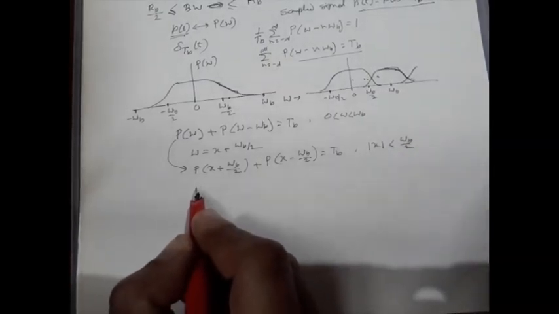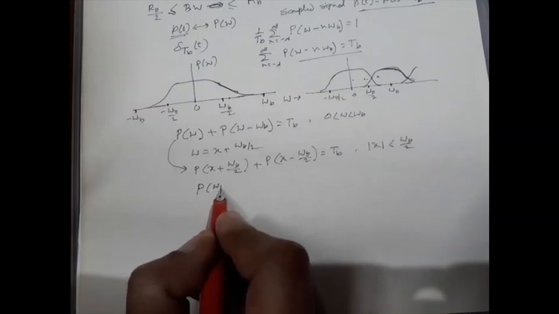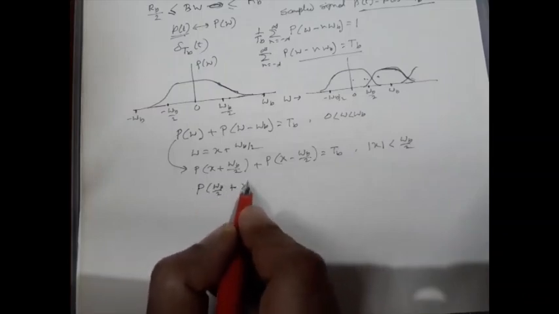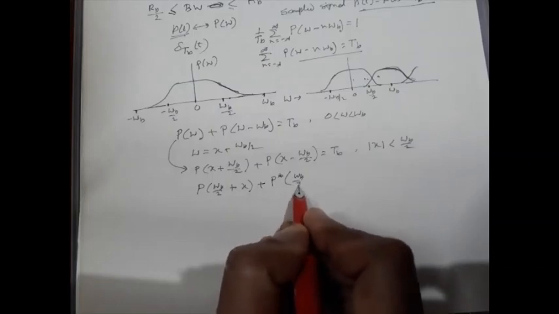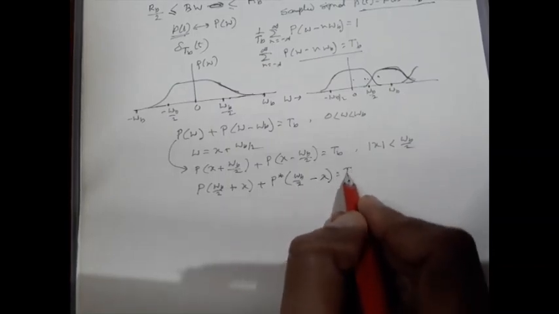Or in other words, we can write P of omega b by 2 plus x plus P star of omega b by 2 minus x equal to Tb for the same condition. P star means complex conjugate.